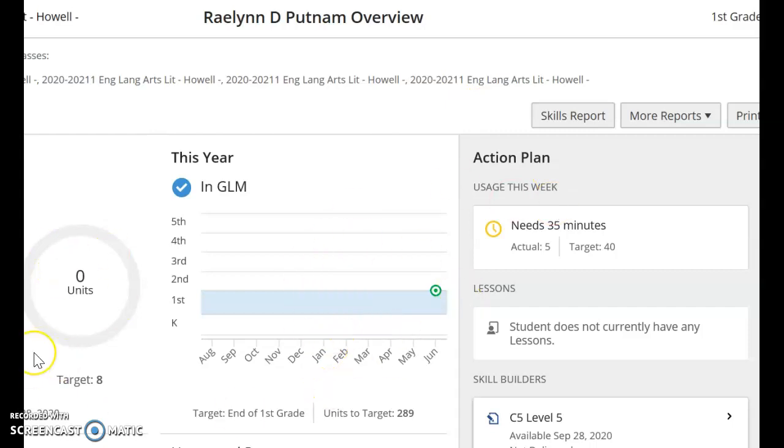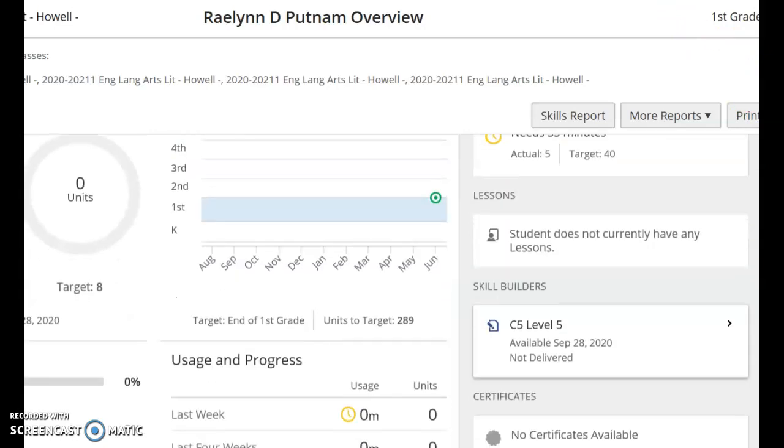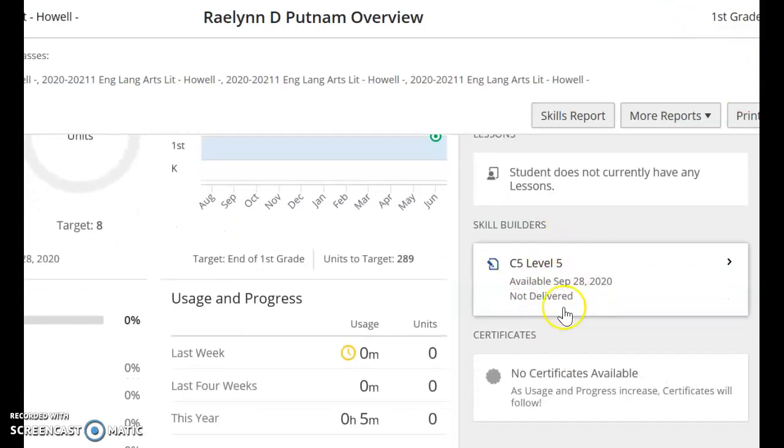The student has only used 5 minutes so far. And I don't have any skills report. I don't have any lessons for this child because they haven't been on enough to produce lessons. However, I can see just exactly what are some areas that this child may need. So they do have this skill builder right here, and I know that this also tells me an area that this child will need.